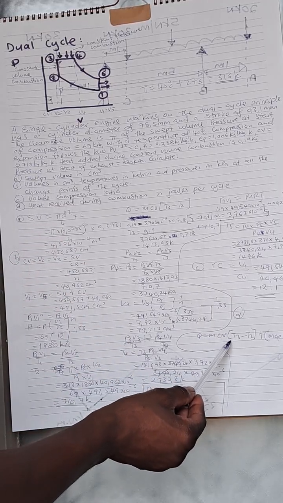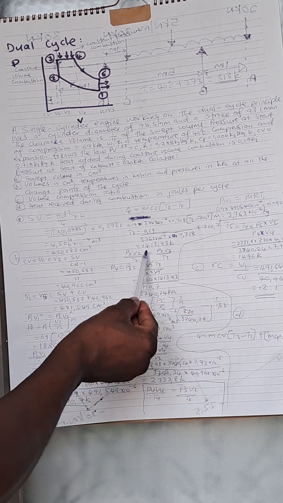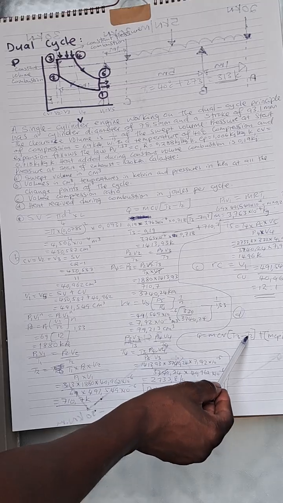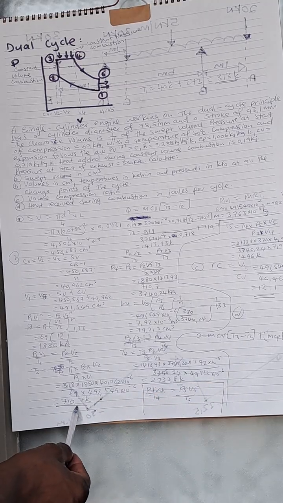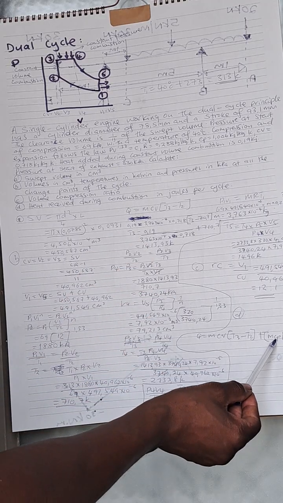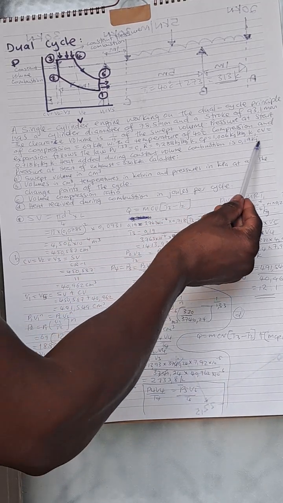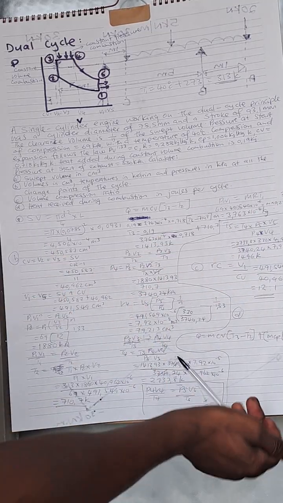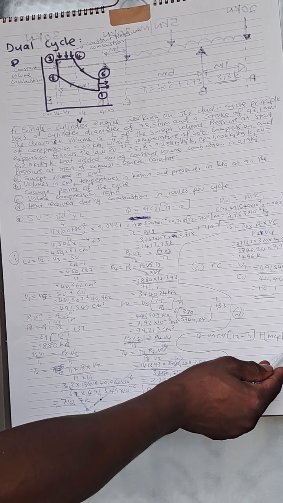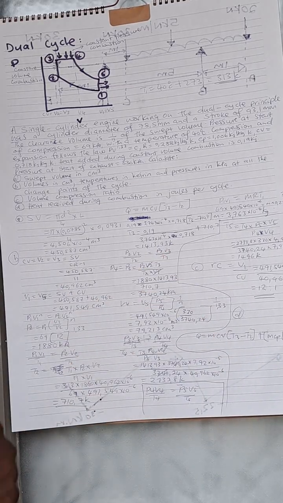Our T3 we have calculated, and our T2 we have as well. Plus our mass, and then our CP is given as 1.006, and then our T4, 2733.8, minus our T3. So from there you get your answer.